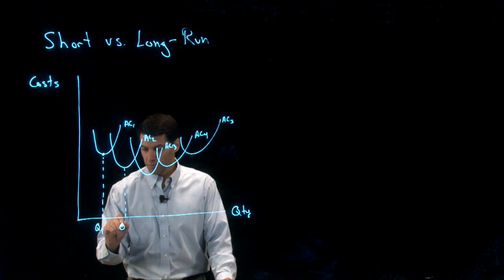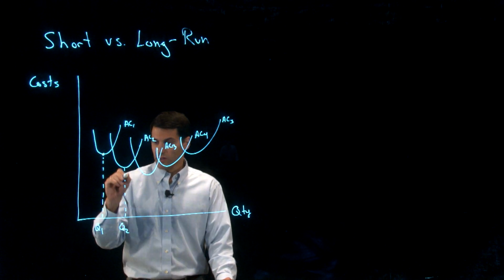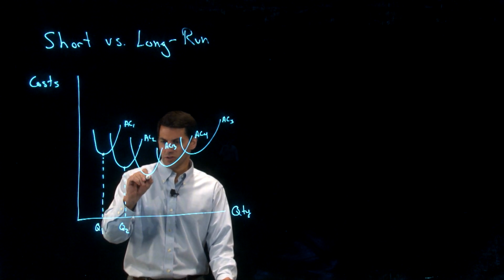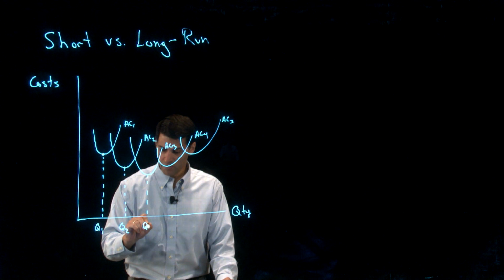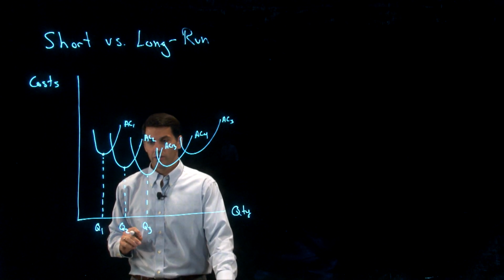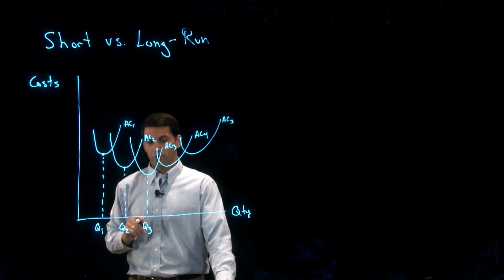Here is, if we had 2 pizza ovens, the quantity where we achieve the lowest average cost with 2 pizza ovens. You can go ahead and show this out to 3 pizza ovens. You get the point. We don't have to do this all the way out to 5 of them. But there's one thing I want you to note.